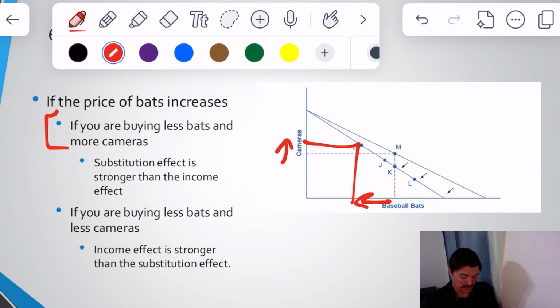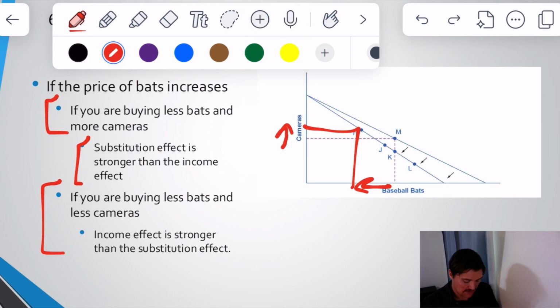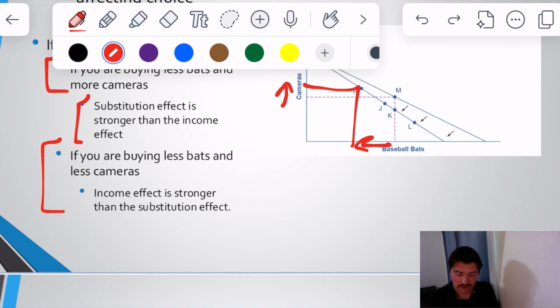So in this case, the substitution effect is stronger for this good. That's why we're having more cameras here. Now, if you do buy fewer bats and fewer cameras, so now you're at point J, then we would say the income effect is stronger than the substitution effect.